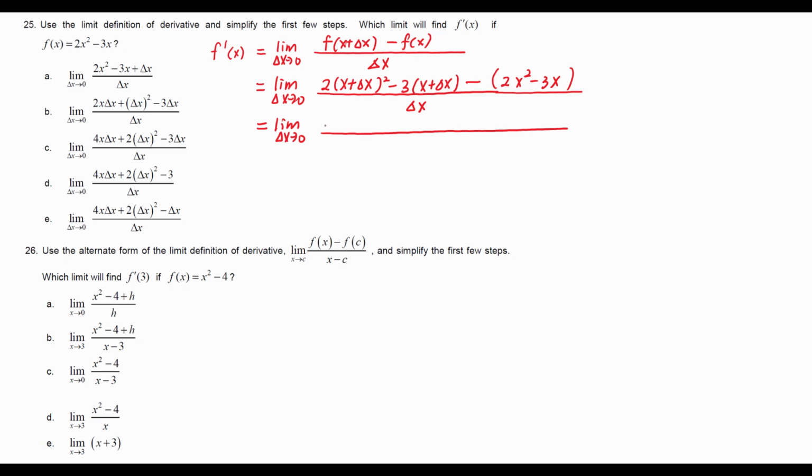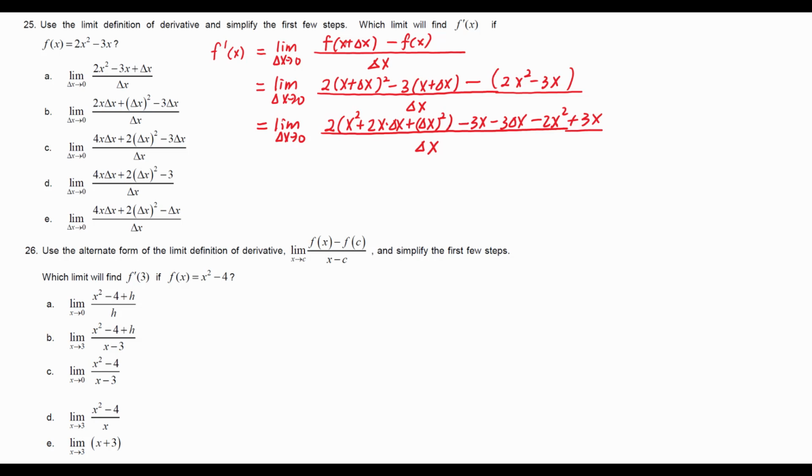Now when you expand, I get limit as delta x approaches 0 of 2 times x squared plus 2x delta x plus delta x squared, minus 3x minus 3 times delta x, minus 2x squared plus 3x, over delta x.